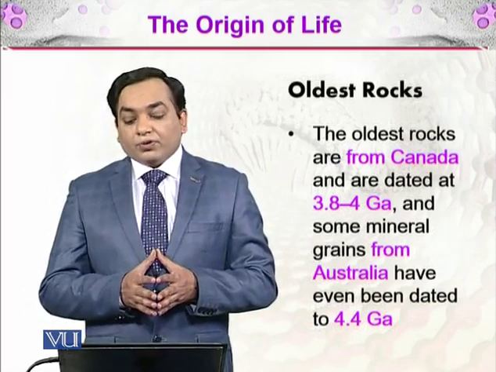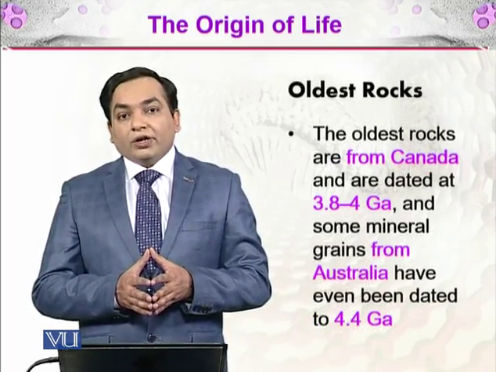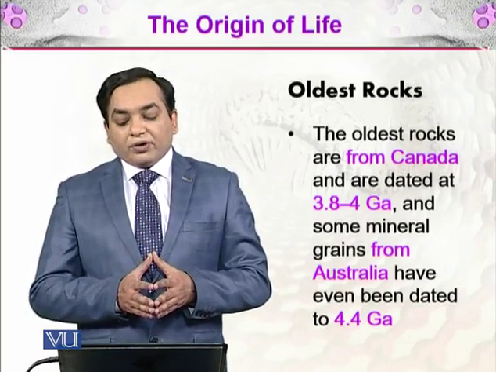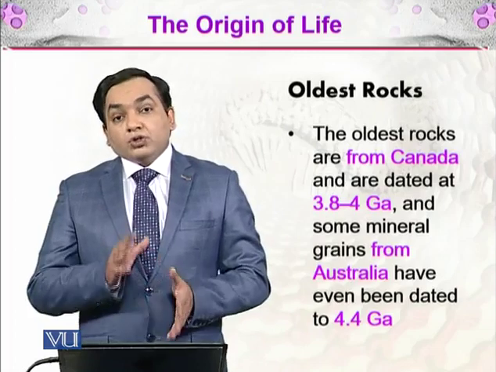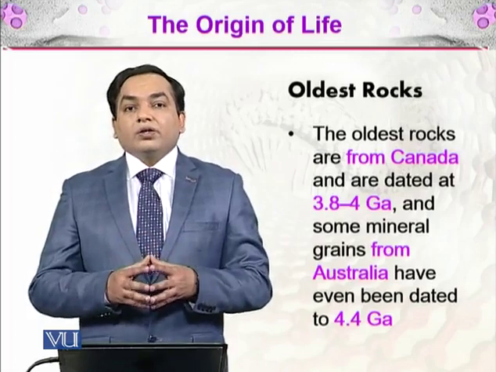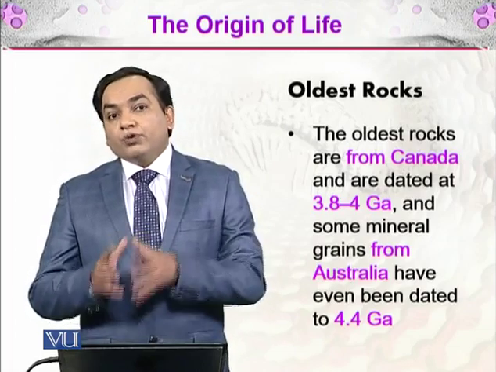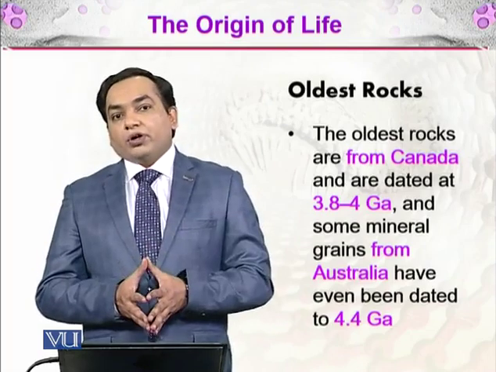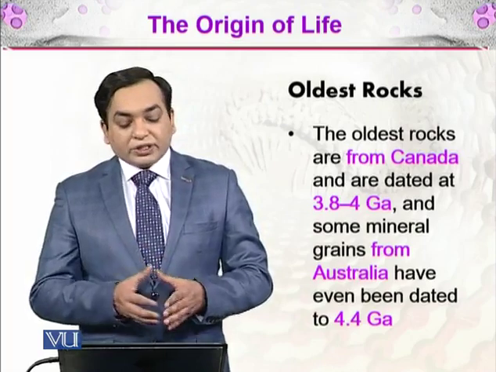These are dated from 3.8 to 4 giga-annum, that means 3.8 to 4 billion years ago. And some mineral grains from Australia have been dated to 4.4 giga-annum. So these are the different rocks which we have identified so far. And if we have identified the rocks, maybe we can find some organisms present in the form of fossils in these rocks.